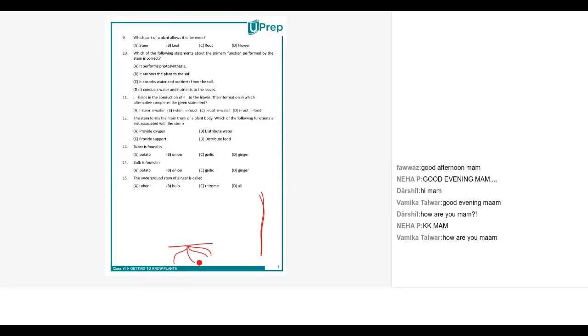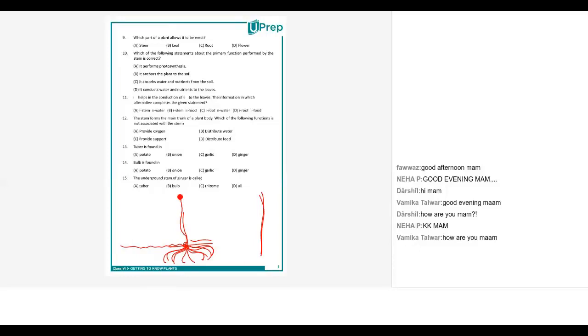The function of the root is to provide anchorage to the soil and hold the plant. Otherwise, what would have happened? If it were in water, the plant would have just floated away. But the plant is fixed in one place because of the root.